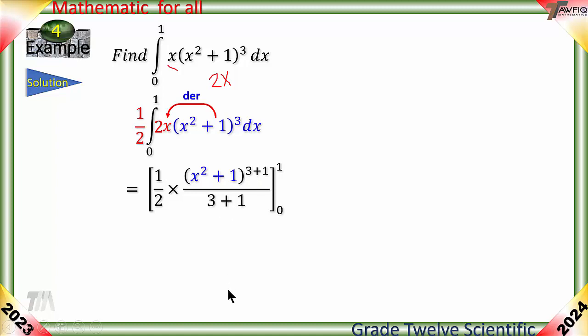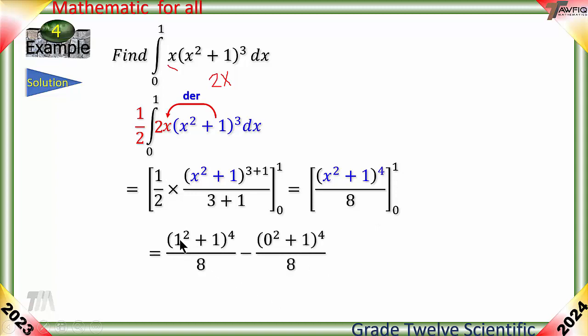And now simplifying, it becomes 1 times (x squared plus 1) with the power 4, and 2 times 4 is 8. And now substitute the first limit 1: it becomes (1 squared plus 1) all to the power 4 over 8, minus, and now substituting 0, (0 squared plus 1) all to the power 4 over 8.